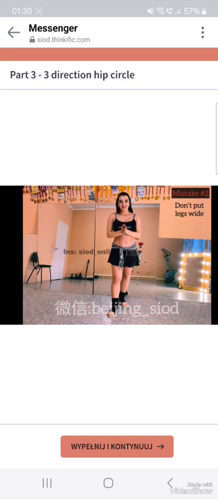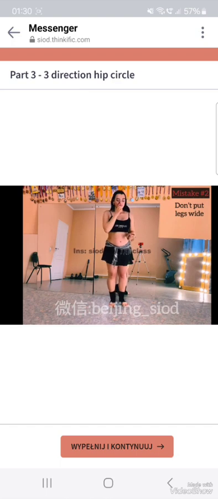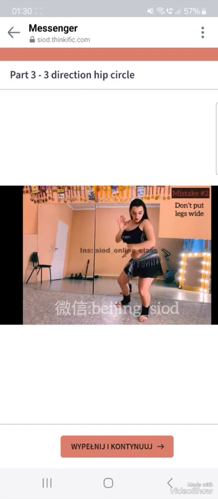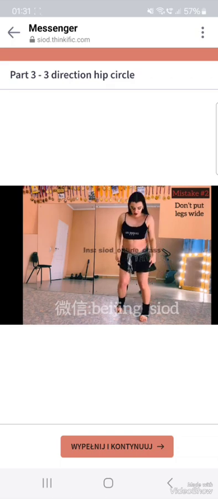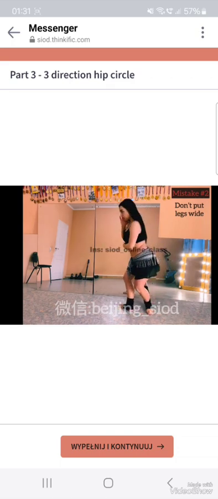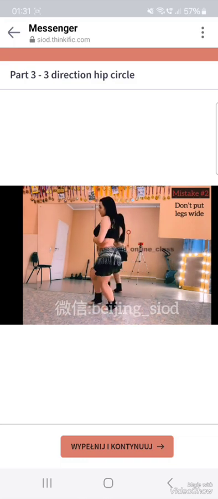But no, this is the wrong idea. So don't put legs wide. Distance between legs must be not very big. You put just like that. Distance between legs must be the same as distance between shoulders. If you put legs not so wide, all your movements will be easier for you.